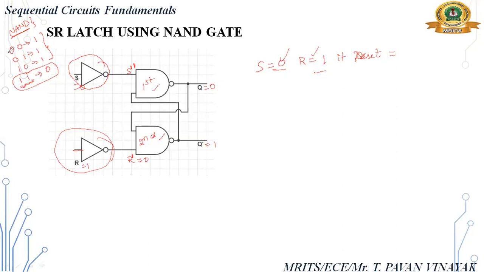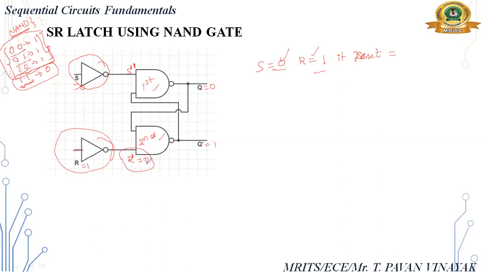Whenever any one input is 0, output is always 1. So here R bar is 0.